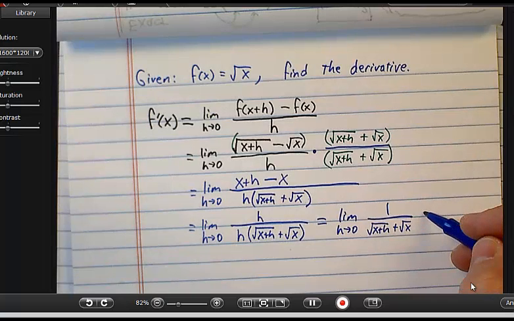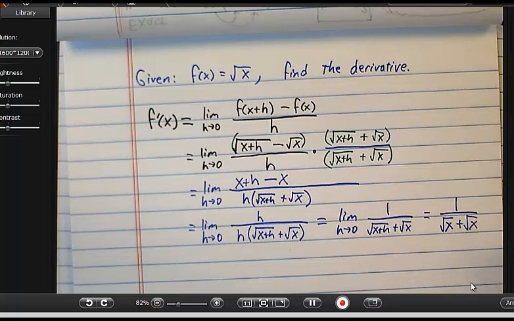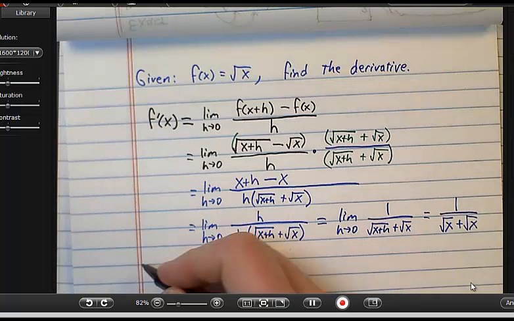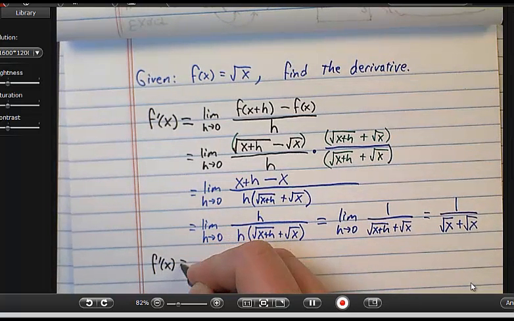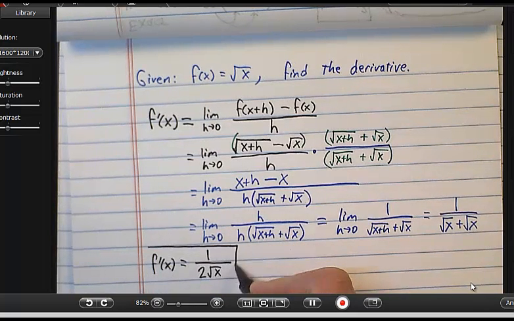I will get 1 over the square root of x, because the h went to 0, plus the square root of x. Can you simplify that for me? 2 square root of x. So the answer, if I asked what's the derivative, you would tell me the derivative, f prime of x, is 1 over 2 square root of x. Done.